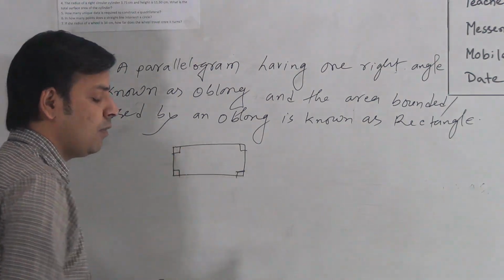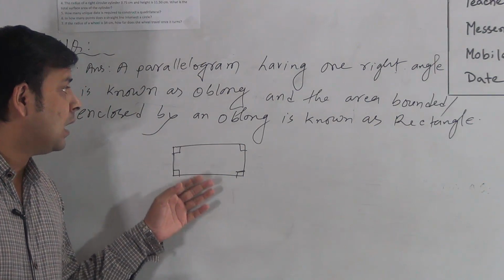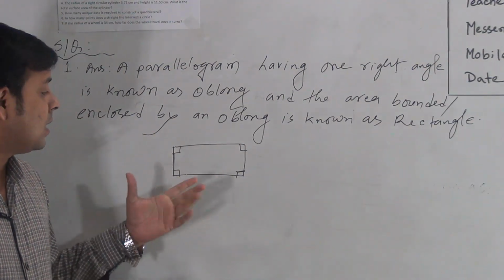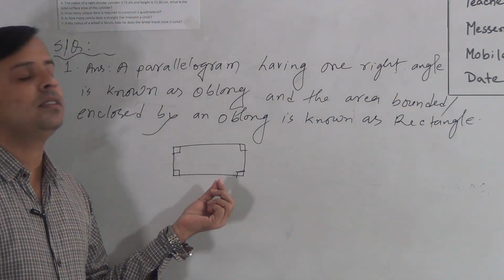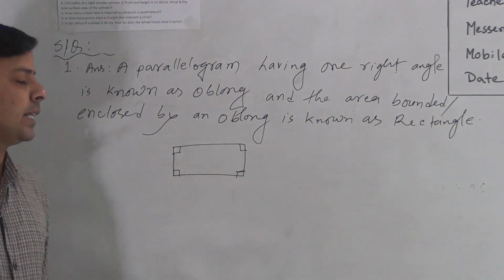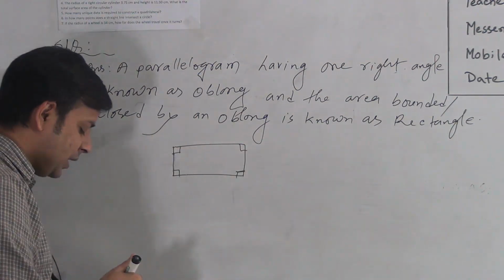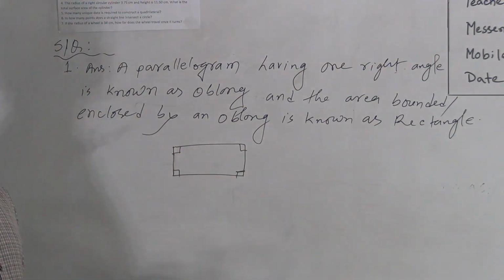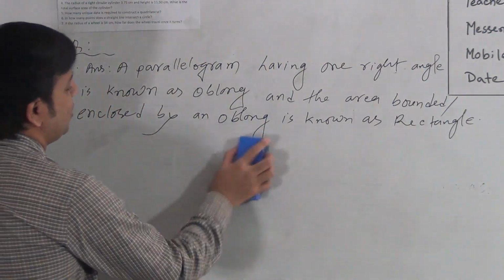So this is an oblong, and I've told that the area bounded or enclosed by an oblong is known as rectangle. So this total area means the rectangle. Okay, dear students, I hope you have understood the solution of question A.